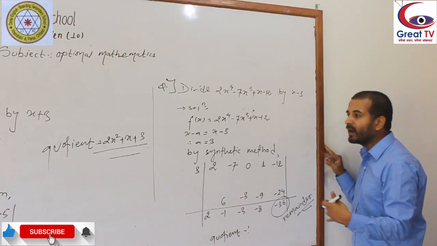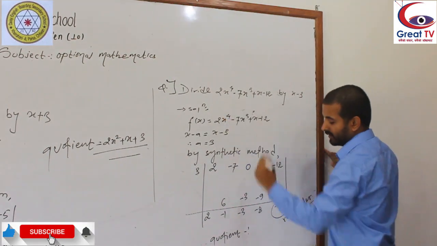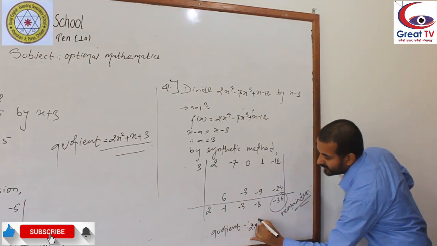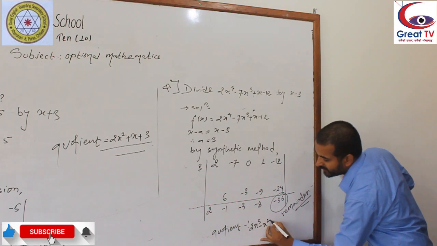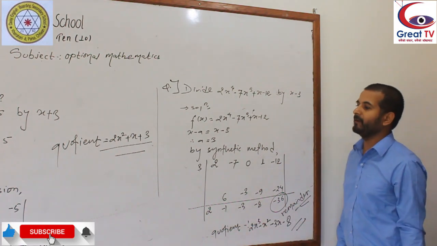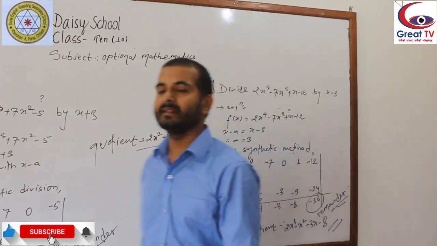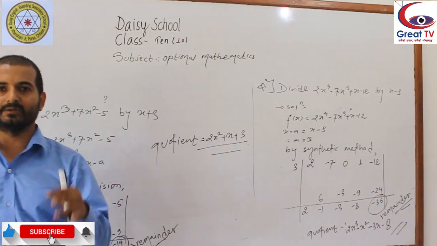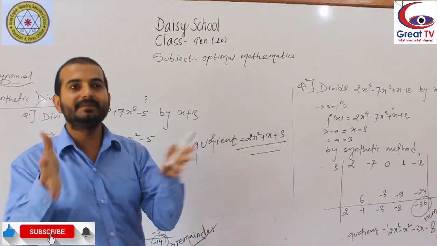The quotient starts one power down. It is x power 4, so it's x cubed minus x squared minus 3x minus 8. So this is how we find the quotient and remainder by the simple division process which is called synthetic division.